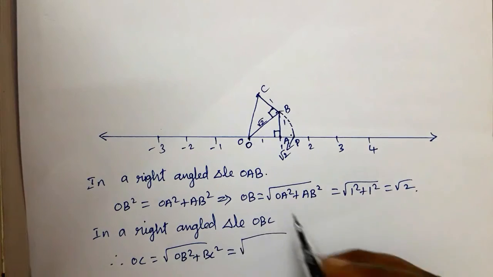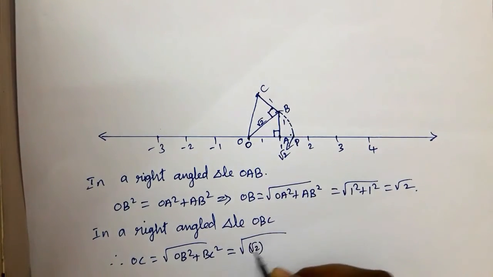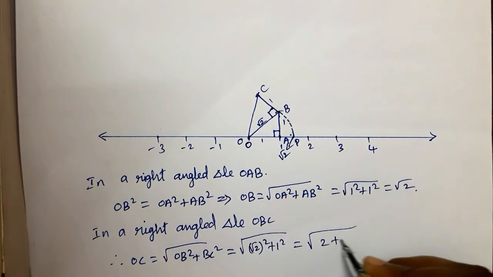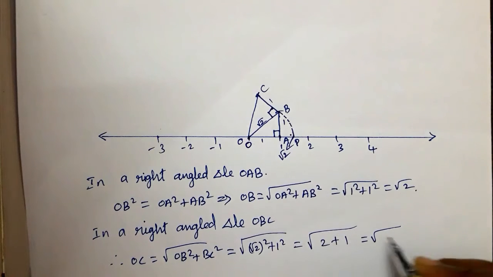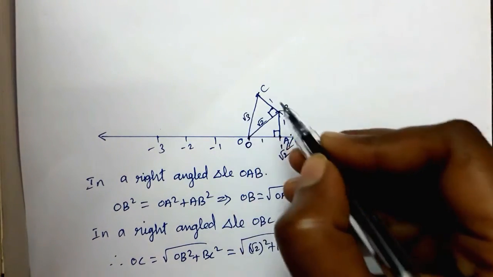We already know OB is root 2 and BC is 1. So root 2 the whole square plus 1 square: root 2 the whole square means 2, 1 square means 1. So 2 plus 1 gives root 3. Now OC is root 3, so we write here root 3.